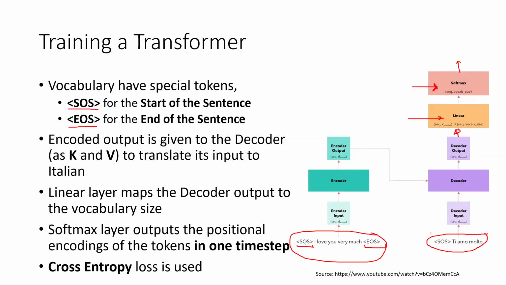Actually, you can add different tokens in a matrix, like SOS token, SOS ti, SOS ti amo, SOS ti amo molto, and all these things in a single matrix, and pass it into the decoder input and get the encoder output.